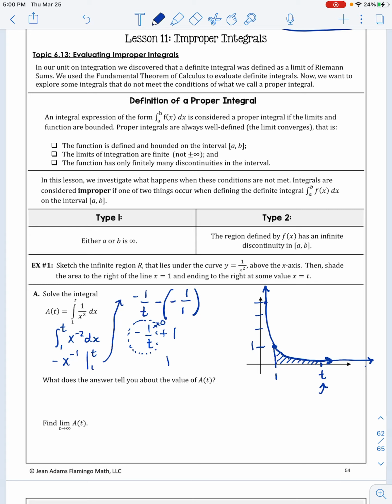But as t goes to infinity, your area is going to approach 1. So it says, what does the answer tell you about the value of A of t? That tells me that that area approaches 1, which seems weird because t could just keep going, but it's so small, it's so close to the x-axis that it does actually add up to 1.